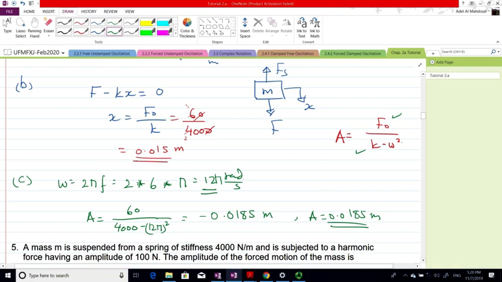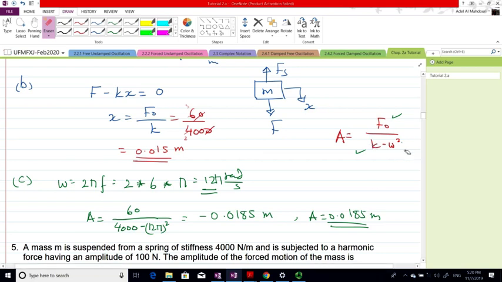Sorry, we forgot something in the formula, which is on page number 19, formula 2.12.